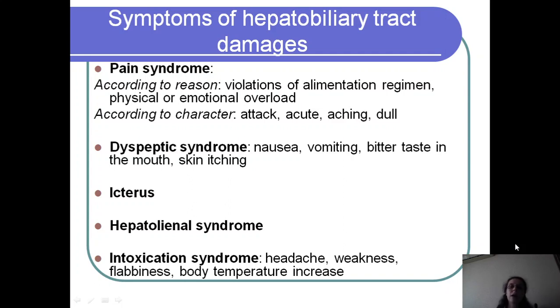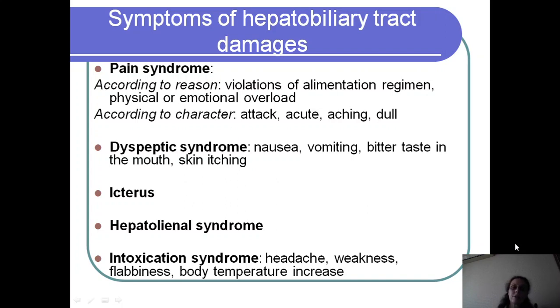Hepatosplenic syndrome, that is enlargement of liver and spleen. And usually if we are talking about liver diseases, we mean of course those which are accompanied by development of portal hypertension, which is one of the concomitant signs of liver failure.